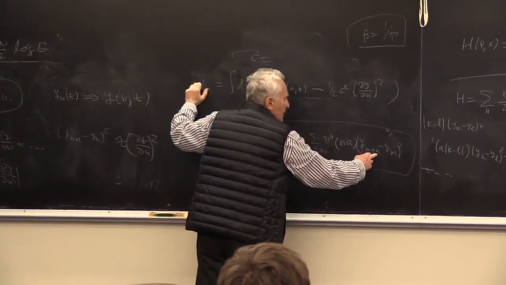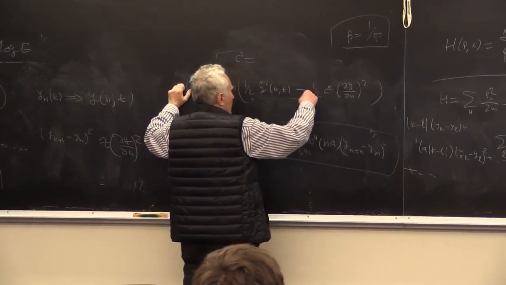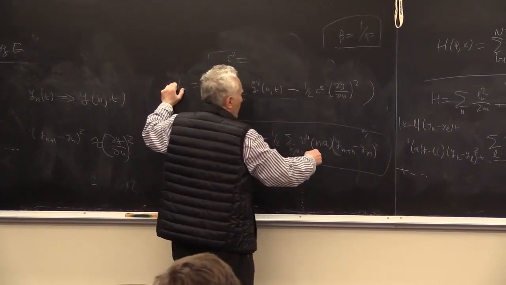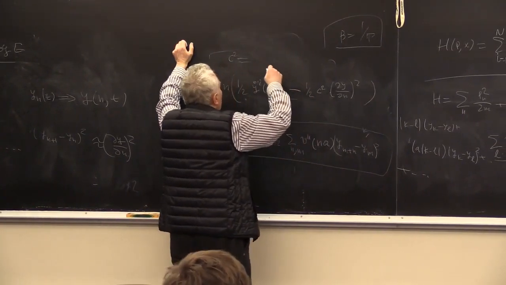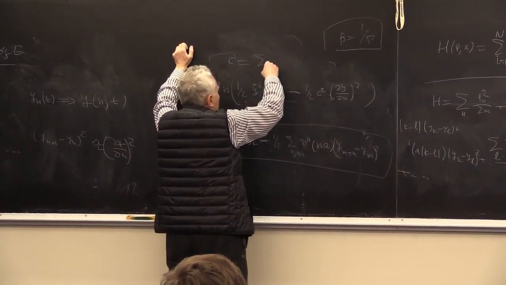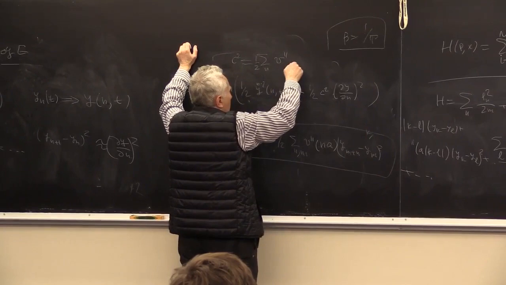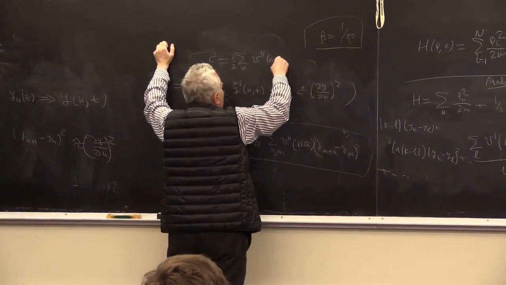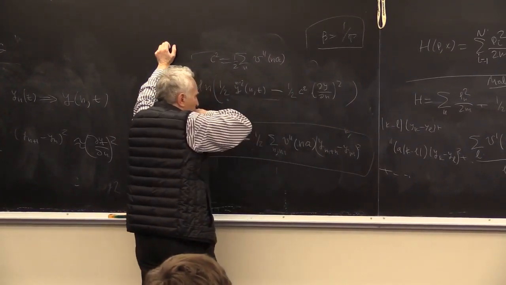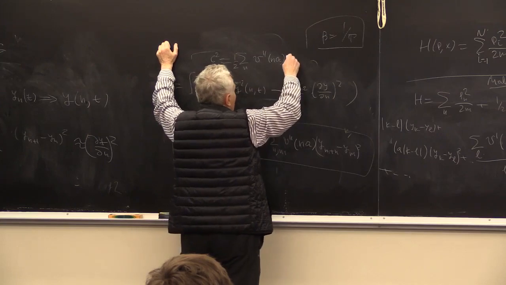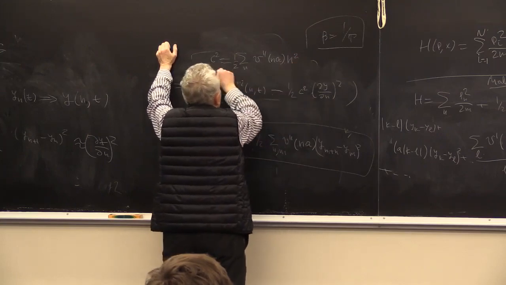Well, remember we expanded it in n here. So we will have the sum over n of 1/2 V double prime of na multiplied by n squared.